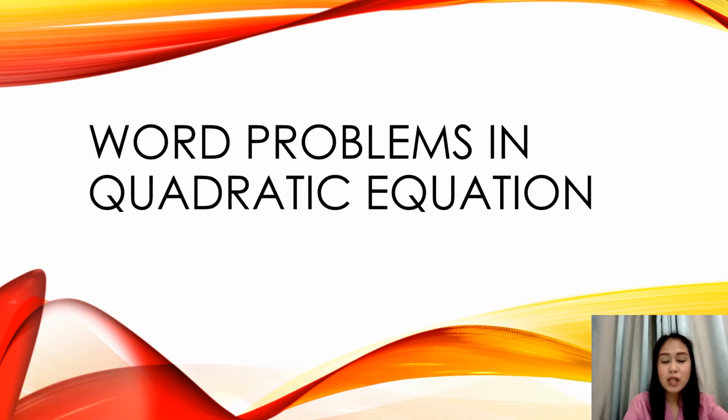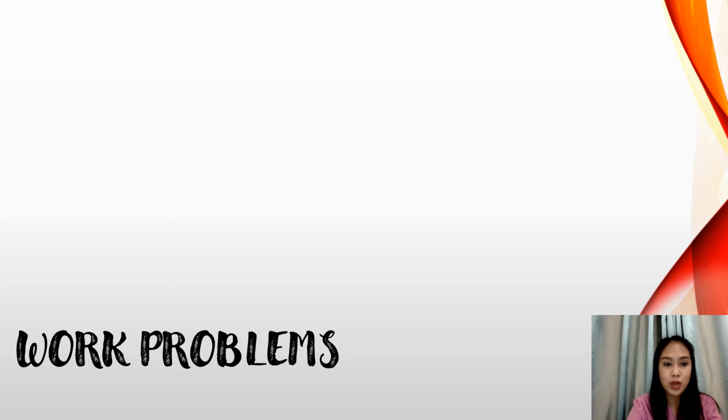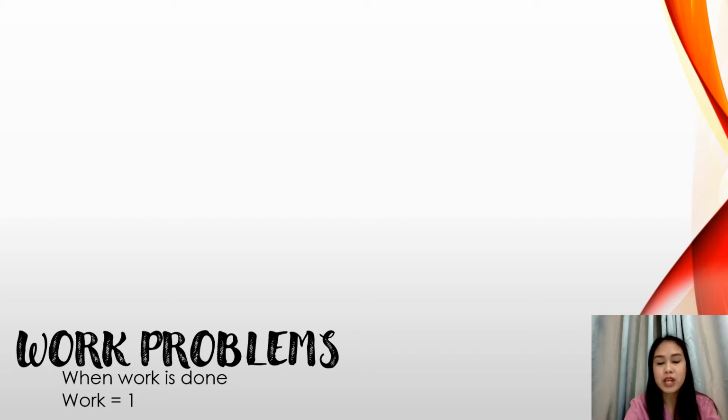So let's expound more on examples of word problems that involve quadratic equations. Word problems are also an example of a real life situation that involves quadratic equations. Now we just have to remember that when work is done, that is equal to 1. Now how are we going to express mathematical sentences into a quadratic equation or expression?